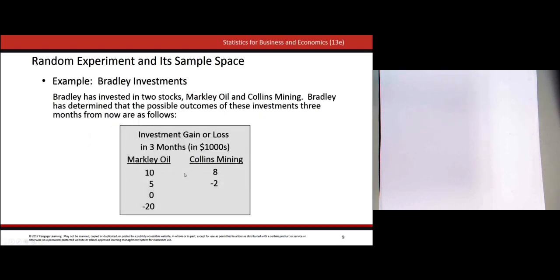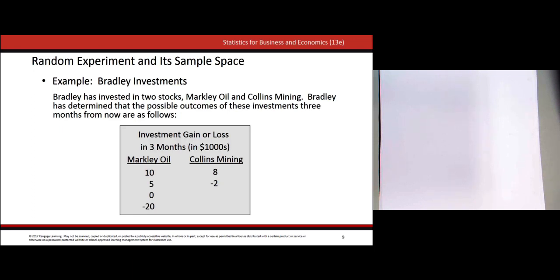Now we will look at this example. Bradley has invested in 2 stocks, Markle Oil and Collins Mining. Bradley has determined that the possible outcomes of these investments 3 months from now are as follows.